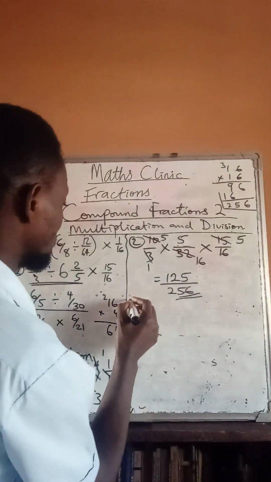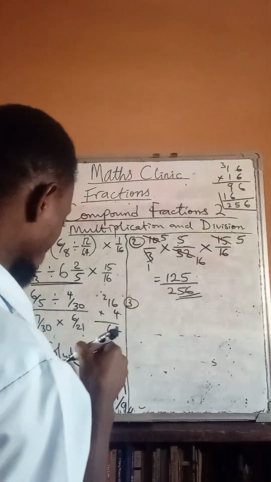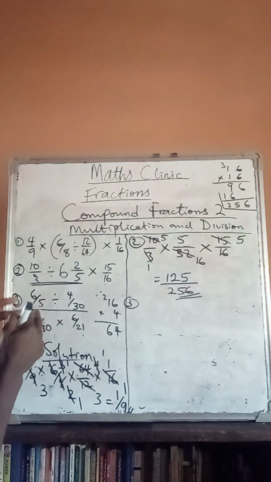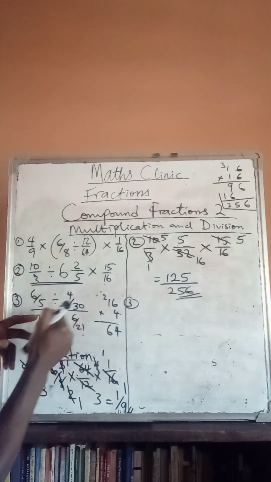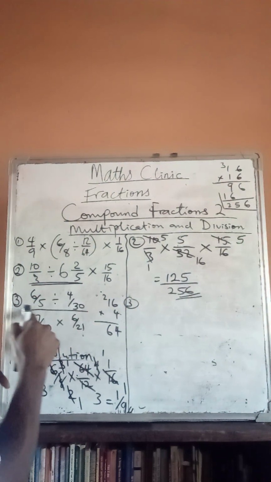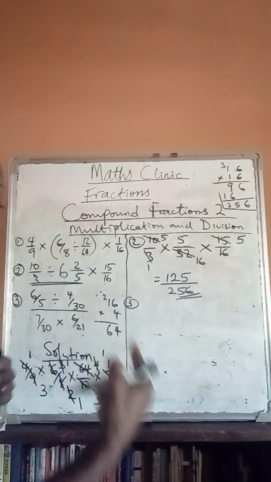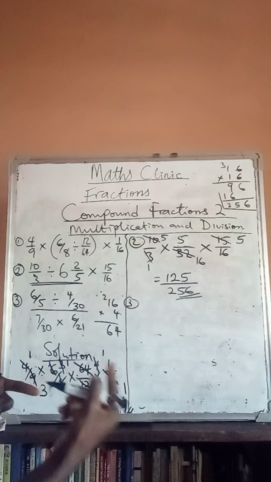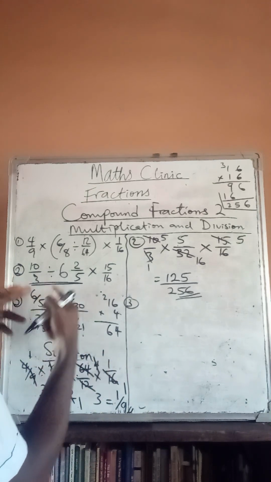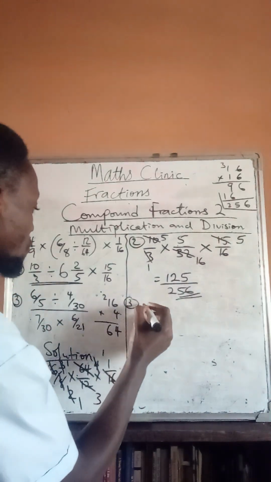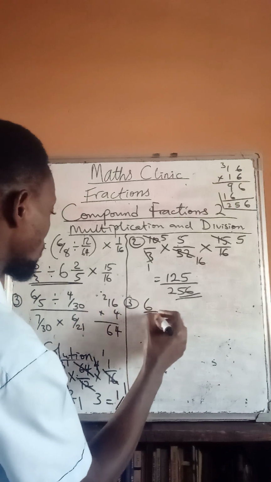Now for number 3. Look at what we have here. 6 over 5 divided by 4 over 30, all over 7 over 30 times 6 over 21. So you solve simultaneously. What do I mean by that? As you're solving for the numerator, you also solve for the denominator. So for the numerator, we have 6 all over 5.